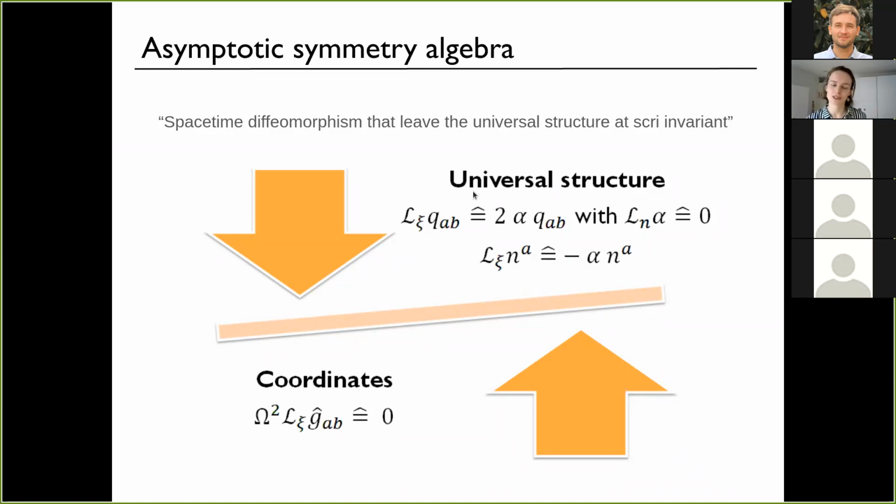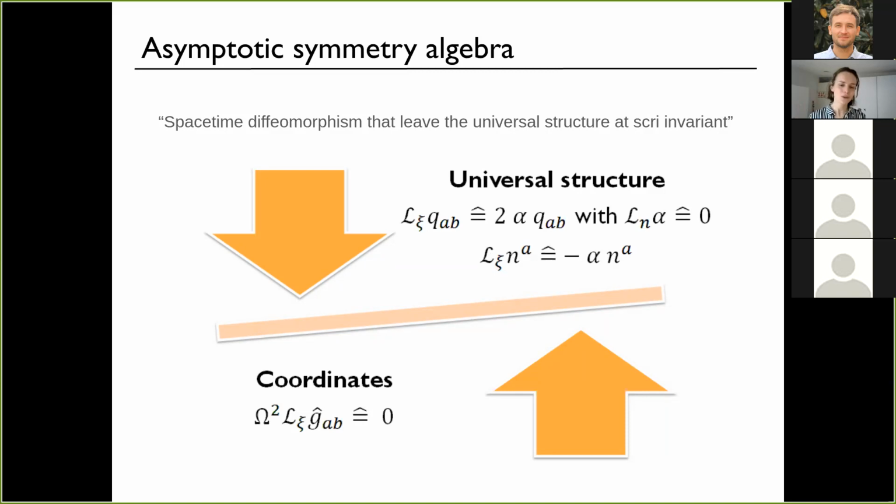So for that reason, you see here that you get back Q with some conformal factor. And similarly for N, you get N back with some conformal factor here. So that's one way of thinking about the asymptotic symmetry algebra.